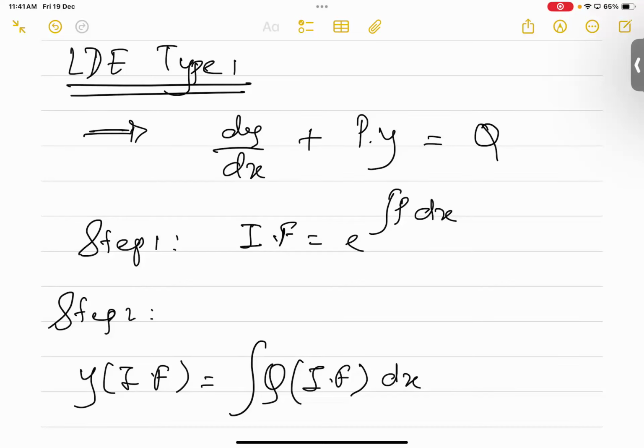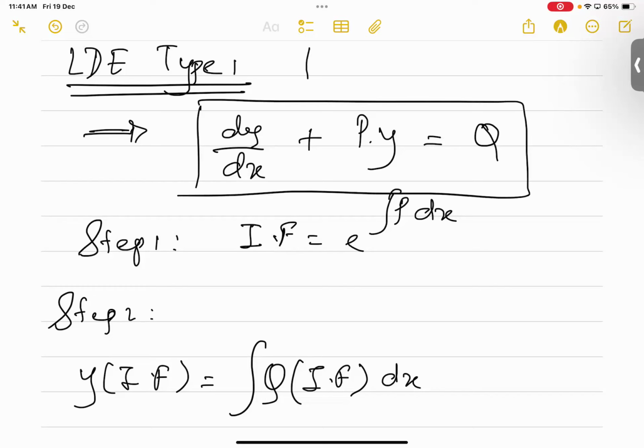Here I forgot to mention one more thing. In this equation, p and q are functions of x or constants. Just mention this. P and q are functions of x or constants.